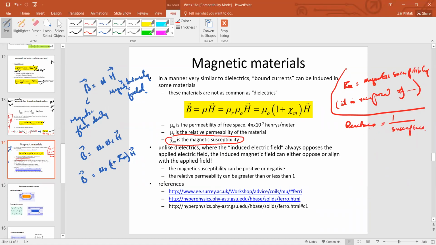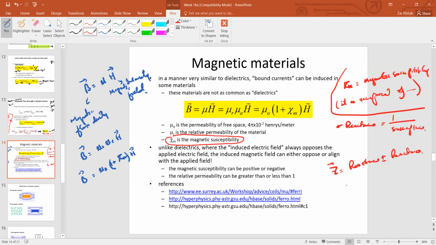Reactance was really coming from the impedance. Impedance was the resistance plus minus reactance, if you remember. Inductive reactance was taken positive, capacitive reactance was taken negative in those previous mathematics.